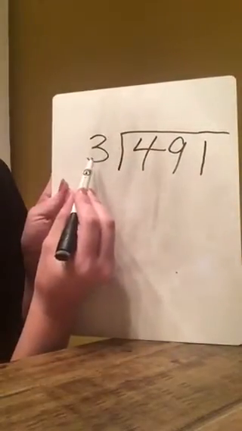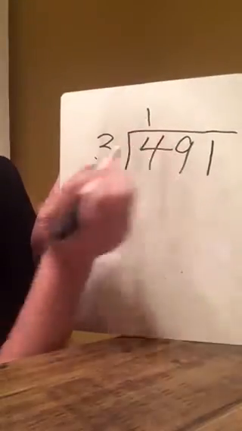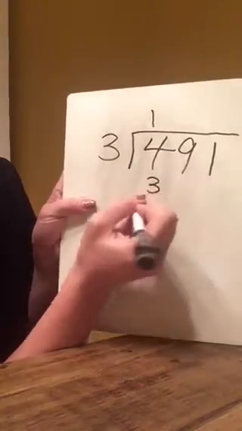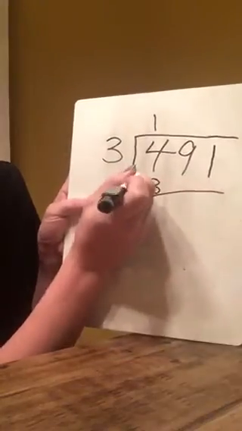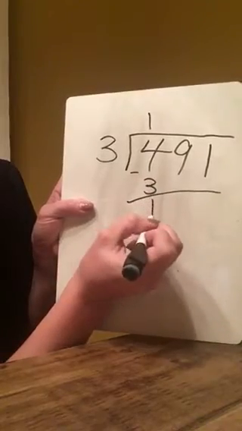So we know that 3 goes into 4 one time, and 1 times 3 equals 3. We're going to subtract. That's our next step. So 4 minus 3 equals 1.